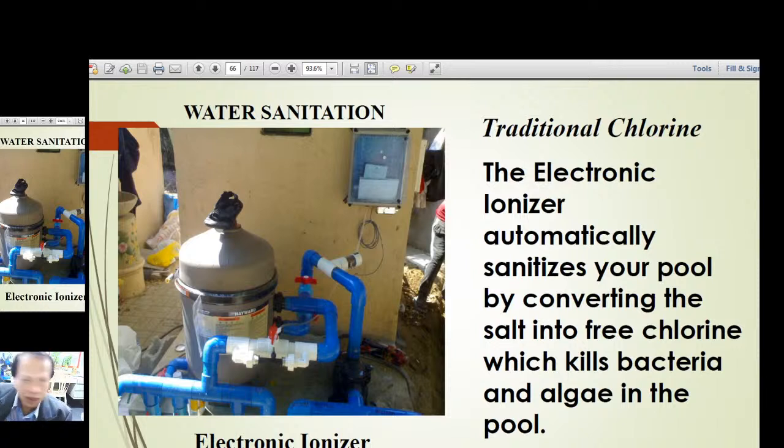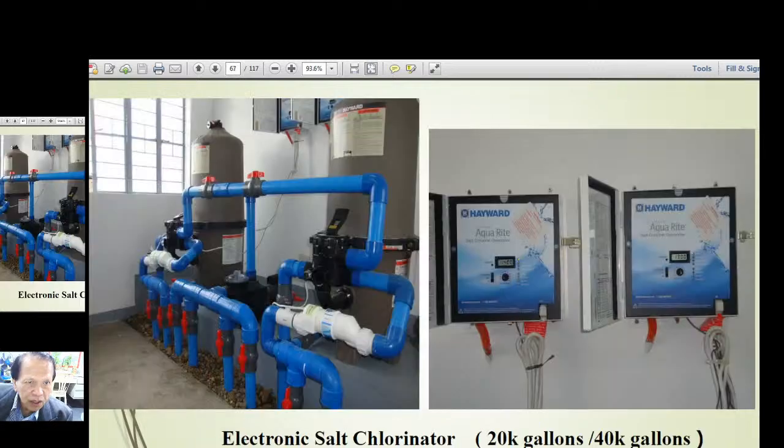Here is a picture, and here is another picture. The filter tank here and the pump here. And these are the electronic salt chlorinators here on the right side. 20,000 gallons for the left and 40,000 gallons on the right.